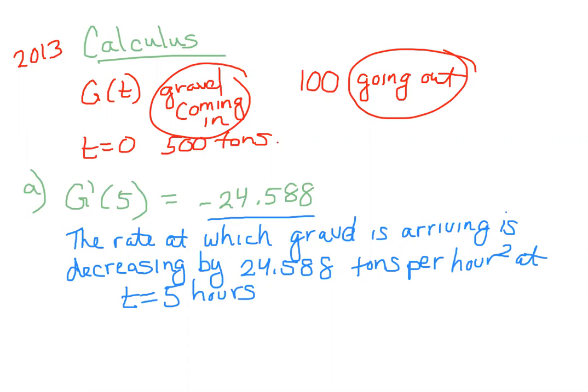The parts that are important: you have to put at what time, because that's from there. Put your answer in there somewhere. Put your units in there somewhere. And then what it is. What is a derivative of a rate? It's another rate. It's like an acceleration. So it's decreasing by that.